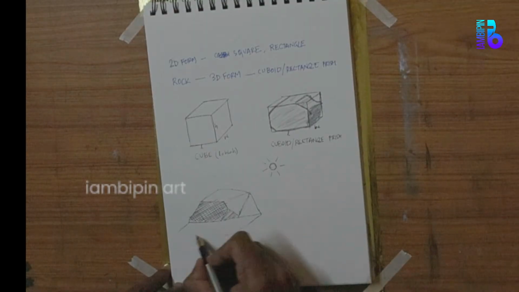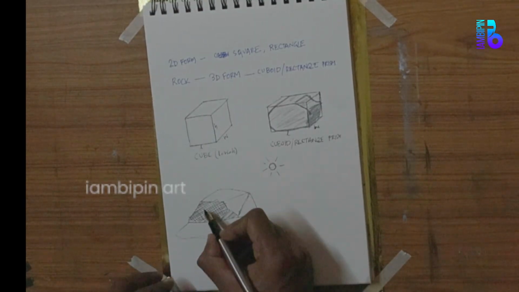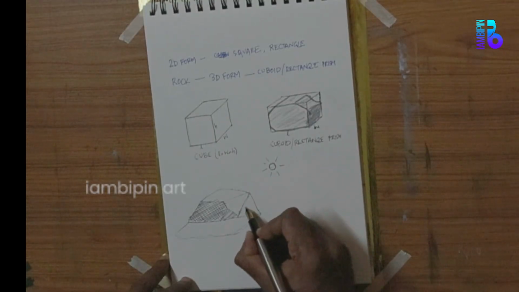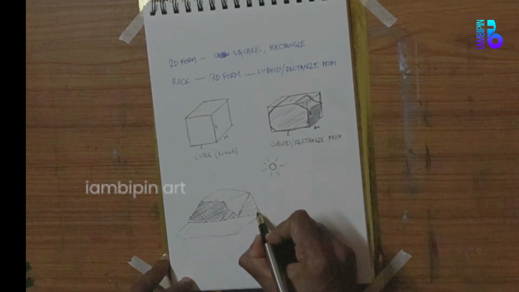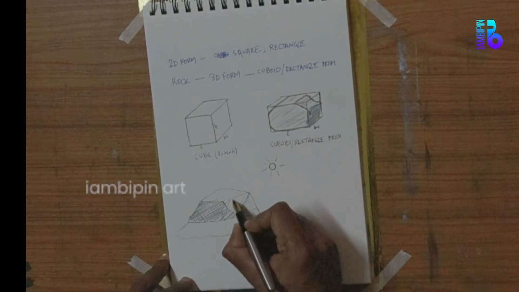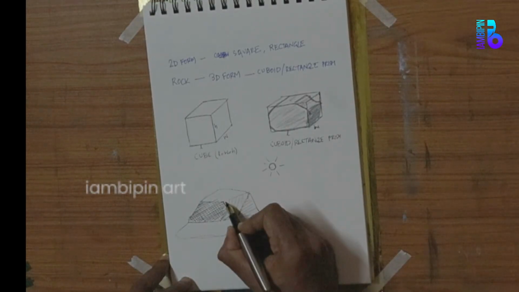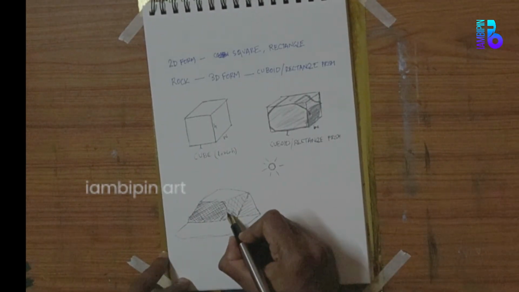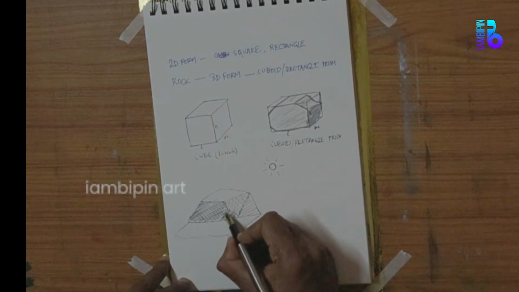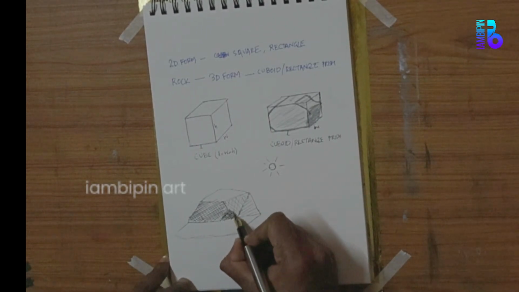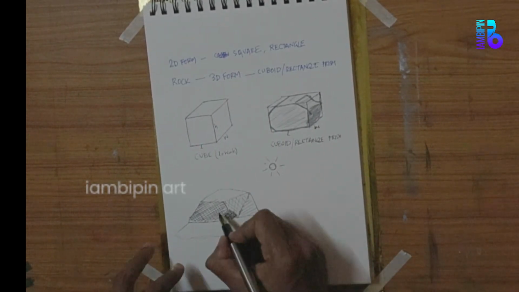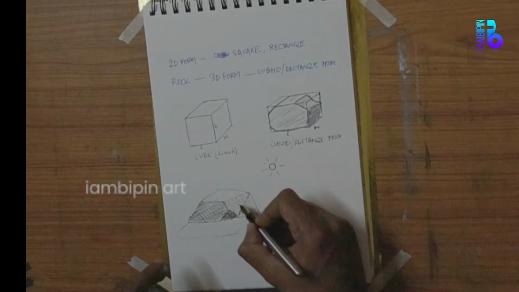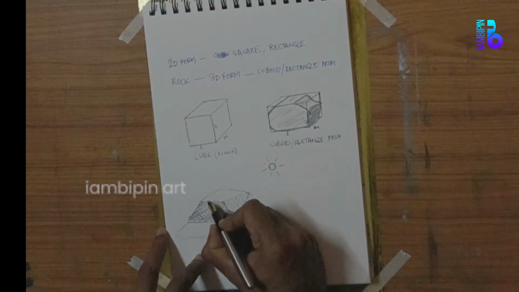This is the basic shadow, and this is the core shadow. And this part is the darkest. This is also the darkest. This one will have the midtones.